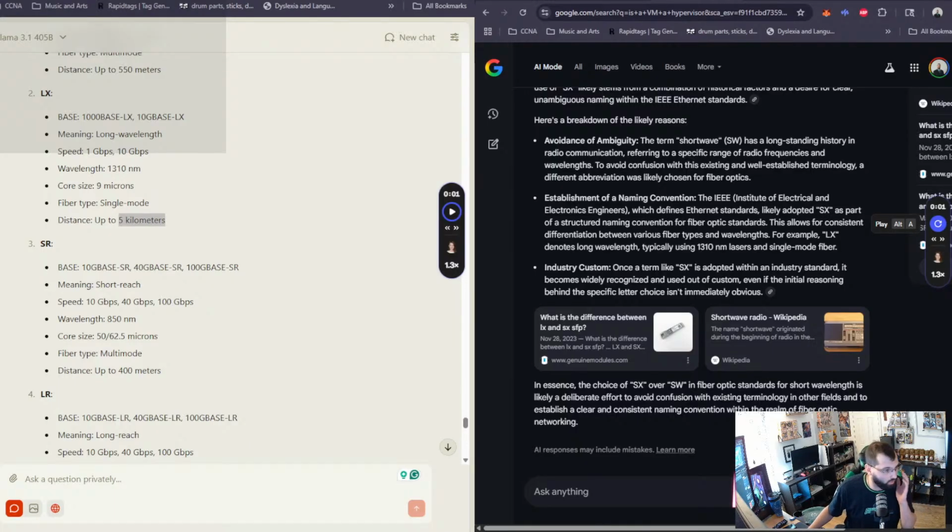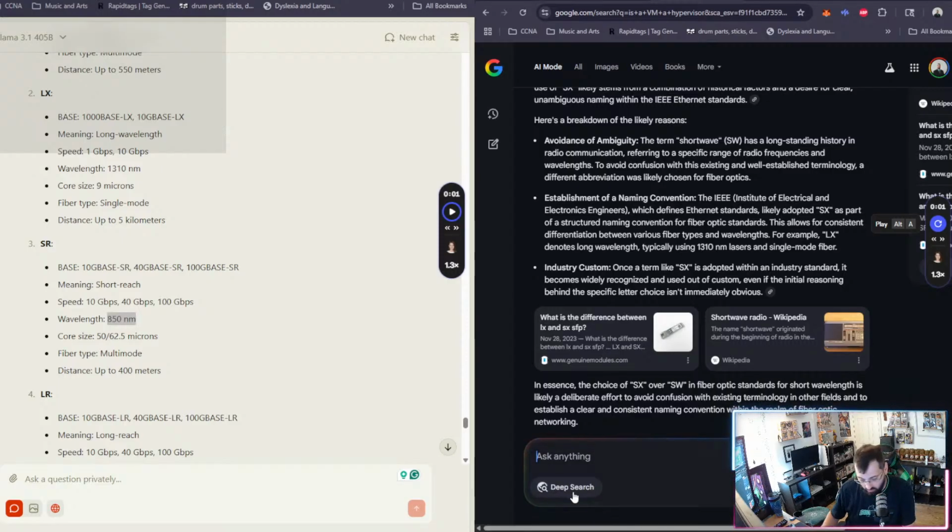Okay, so SR stands for short reach. SR has a base of 10 gigabits, 40 gigabits, 100 gigabits. Okay, short reach is the wavelength is significantly shorter. So short reach is the distance between the wavelength, right?